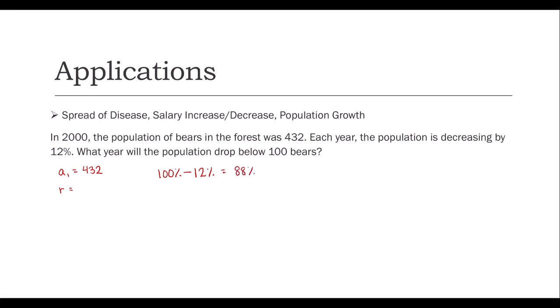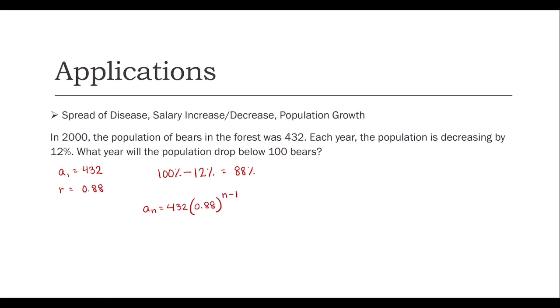So the population is decreasing by 12% each year, which means the rate that it's changing by is 88%. So we'll change that into a decimal and put 0.88 as our rate. So then for our explicit formula, we'll get that a sub n equals a sub 1, 432, times our rate, 0.88, to the n minus 1.